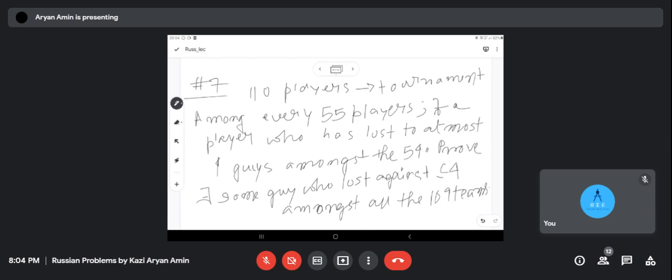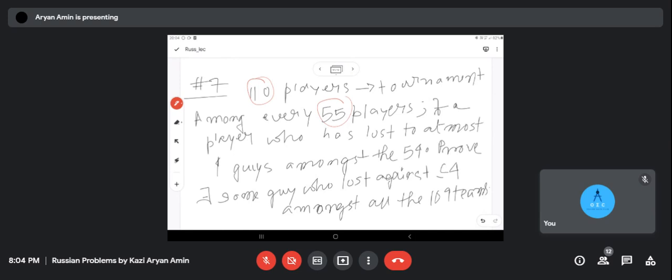Right. So a few remarks about this problem. I think personally, this problem is the most Russian problem in the entire set. One thing you might feel at first sight is that 110 is 2 times 55, right?